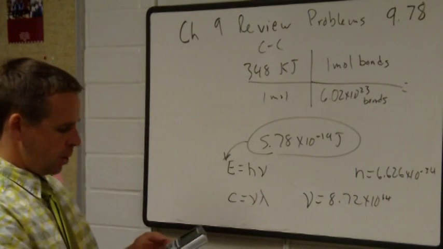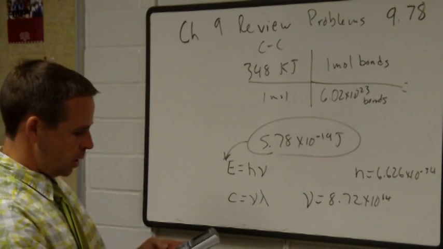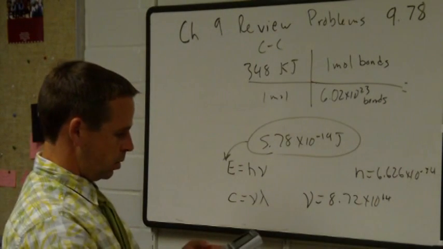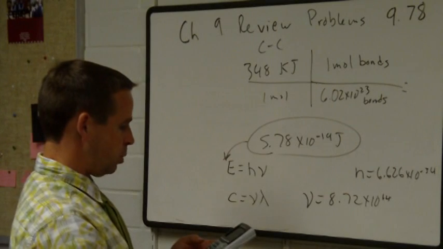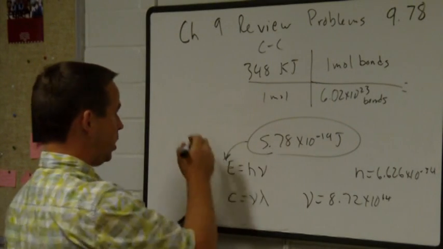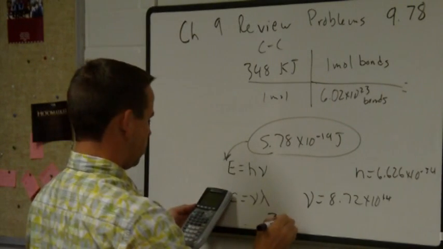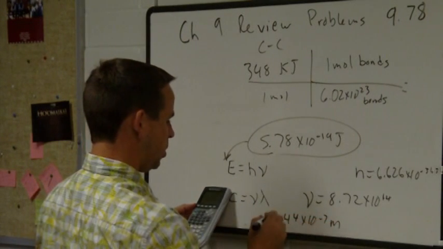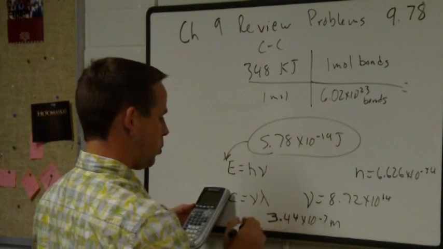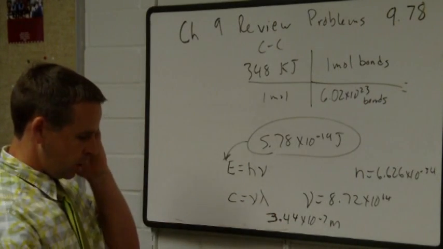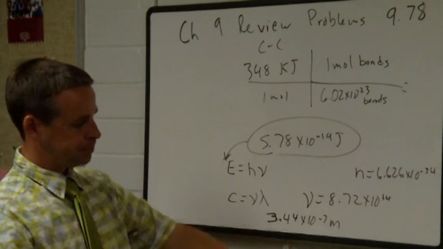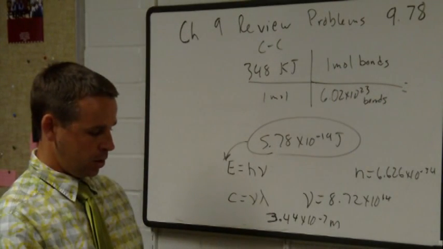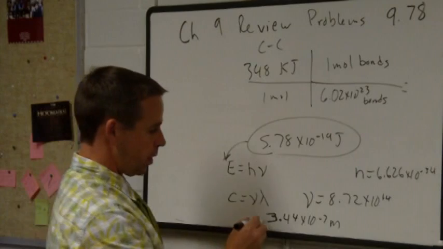If we take our speed of light, which is 3 times 10 to the 8th, divided by the frequency, then that should be our wavelength. And I'm getting in meters, 3.44 times 10 to the minus 7 meters. And now we have to convert that to nanometers. Well, we want to find out what range it is.